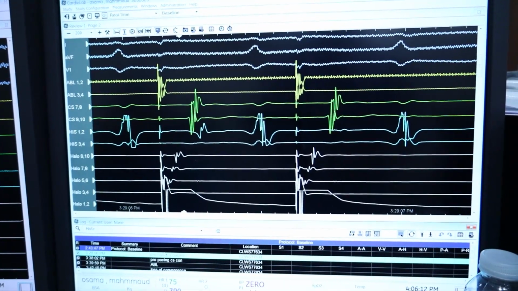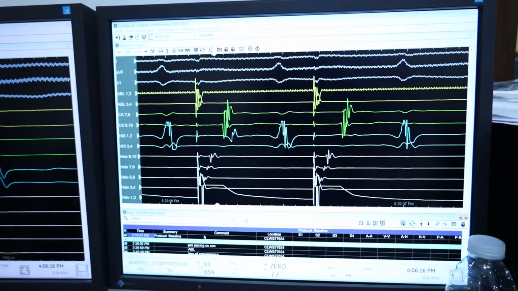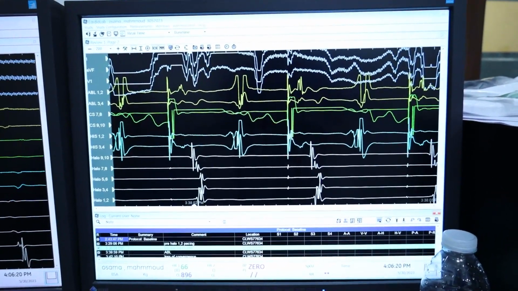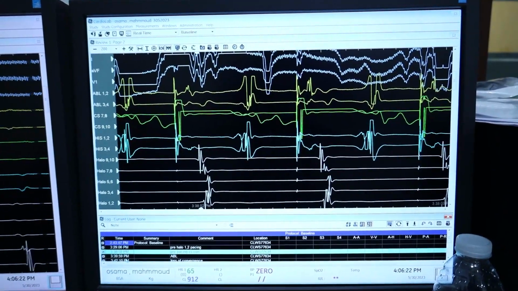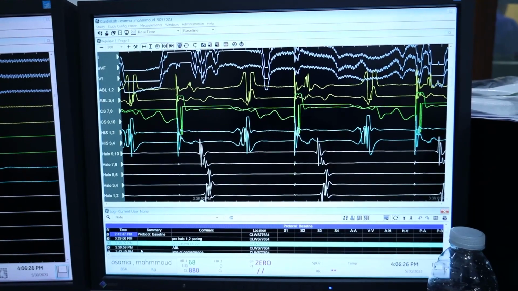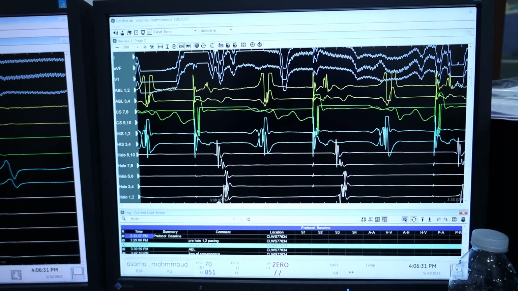So there is unidirectional conduction appreciated here, and again we pace from proximal CS 9 and 10, and we can appreciate here that we have convergence on the halo catheter.